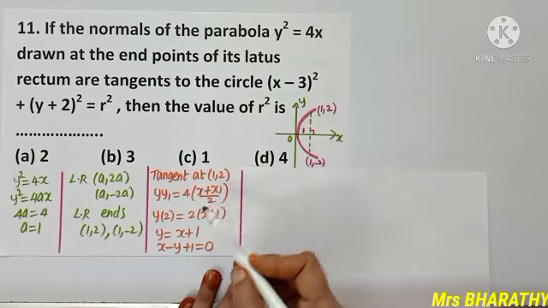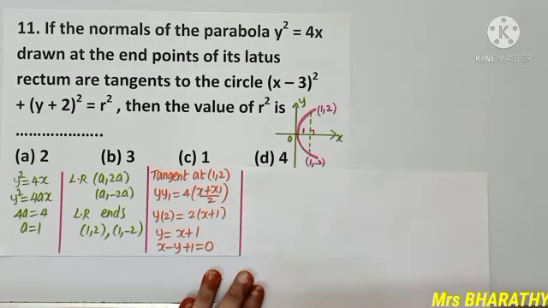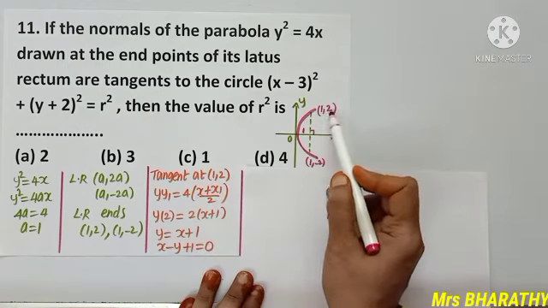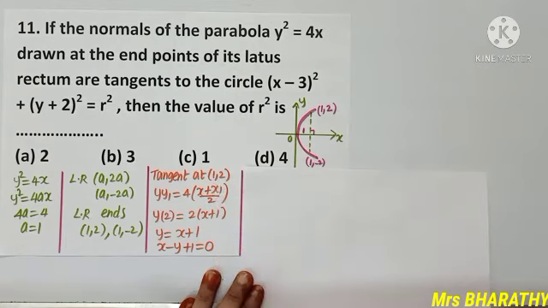X becomes x plus x1 by 2. The technique of writing a tangent. Wherever x1, y1 comes, we put the end of the latus rectum, say 1 comma 2. As I put 1 for x1, 2 for y1, we simplify. We arrive at the equation x minus y plus 1 equals 0.